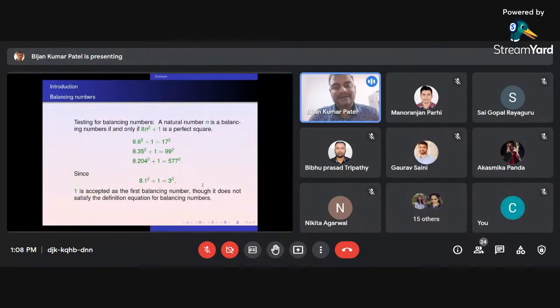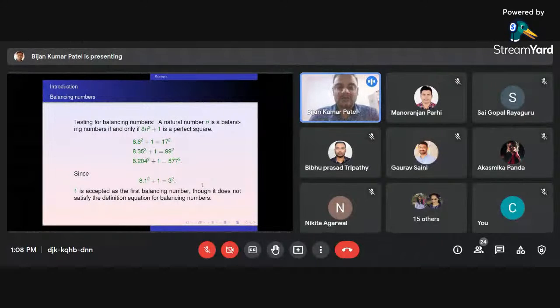And how can one test whether a number is a balancing number? We know that a natural number n is a balancing number if and only if 8n square plus 1 is a perfect square. Here if we put n equal to 6, then we can see that 8 into 6 square plus 1 is 17 square. So we consider that 6 is a balancing number.